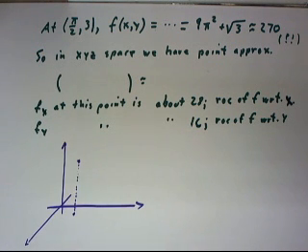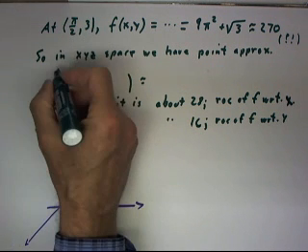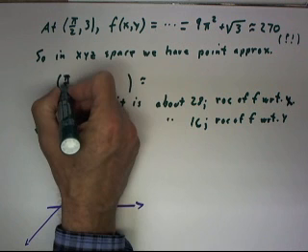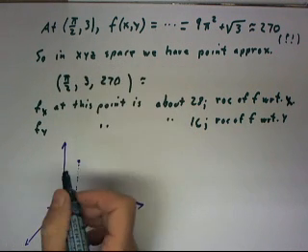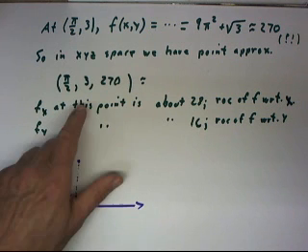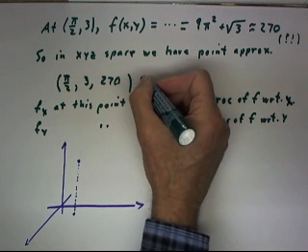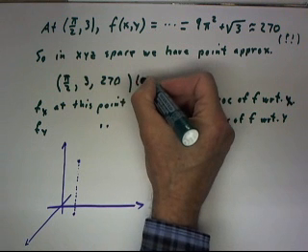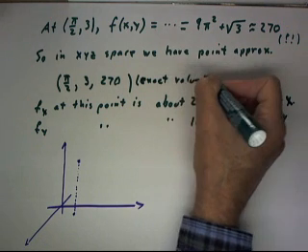Now, in x, y, z space, we have a point with x coordinate, y coordinate, z coordinate. Well, we have pi over 2, 3, 270. And actually, I was going to write down the exact value.